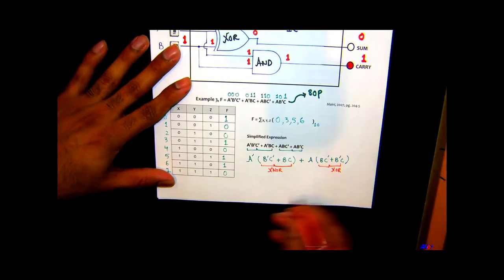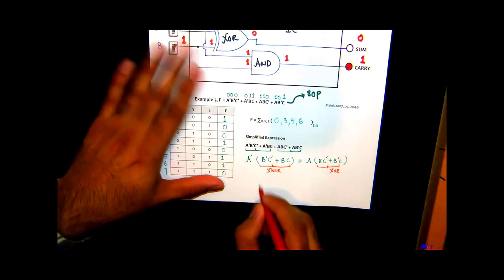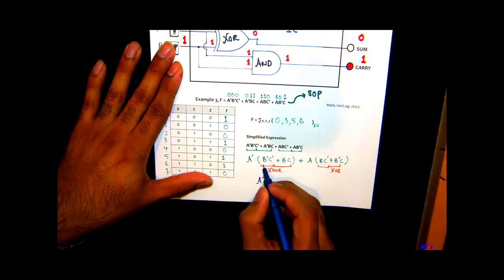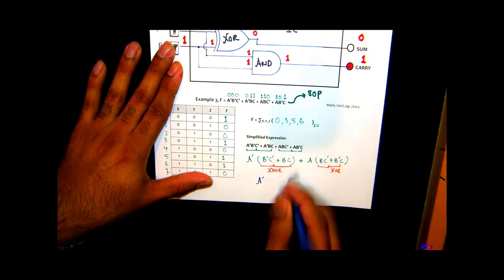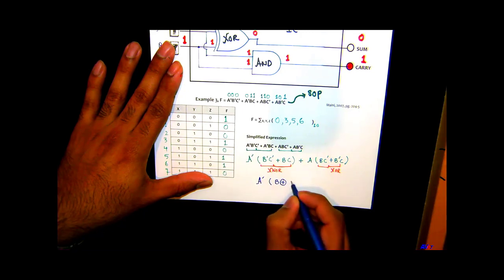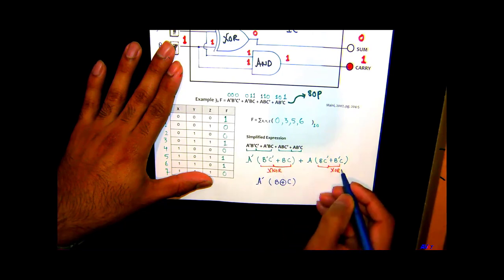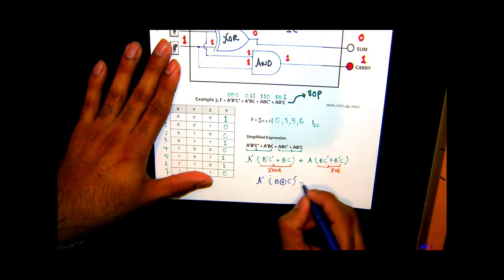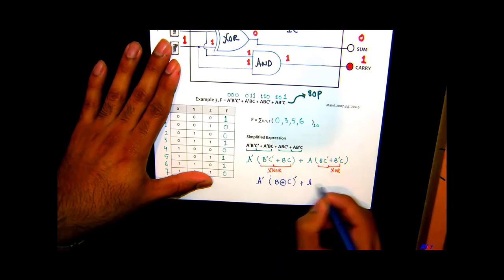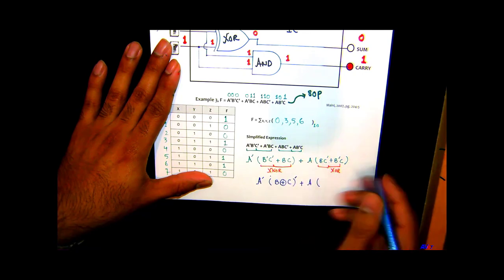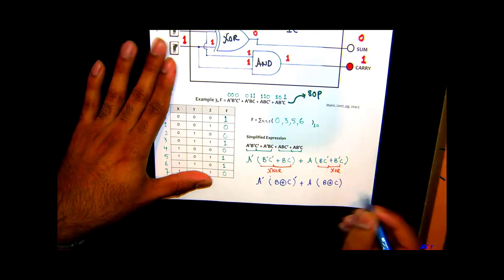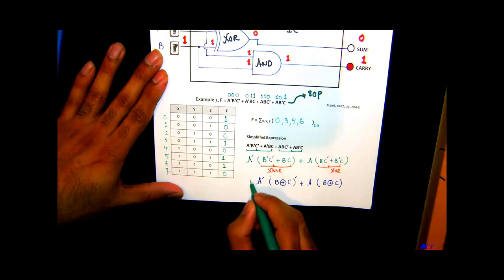So I can write down the above equation as a bar, and, since this is an exclusive NOR gate, the inputs are b exclusive ORed with c, and because exclusive NOR is the opposite of exclusive OR, I have the complement here, plus a. And how do we write exclusive OR? With variables b and c, b plus enclosed in a circle c. So this is the simplified expression we have.